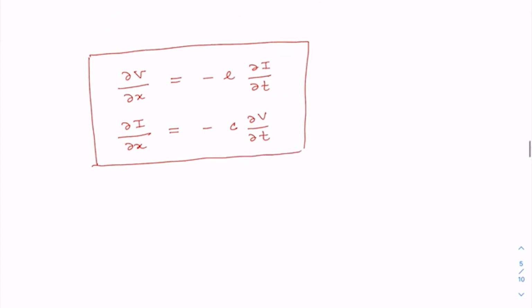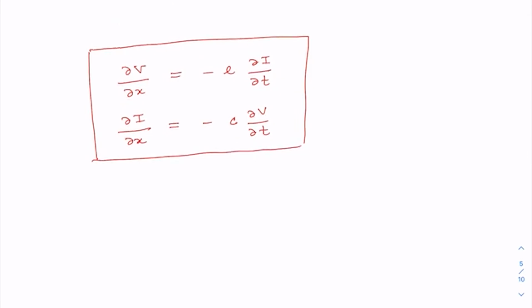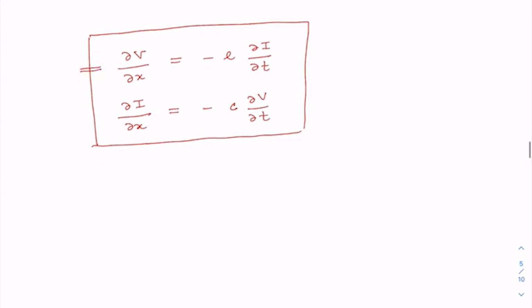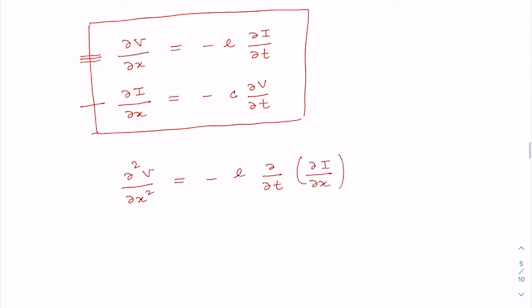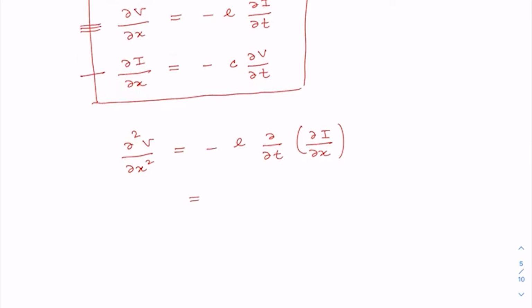Now if I take the derivative of this equation, actually it is not the time derivative, it is the space derivative with respect to x. If I differentiate on both sides, I will have del 2V del x2, that would be equal to minus l del t, let me write here, del I del x, and from this equation I can therefore write it as, this is minus, here another minus is there, so it will be plus lc del 2V del t2.